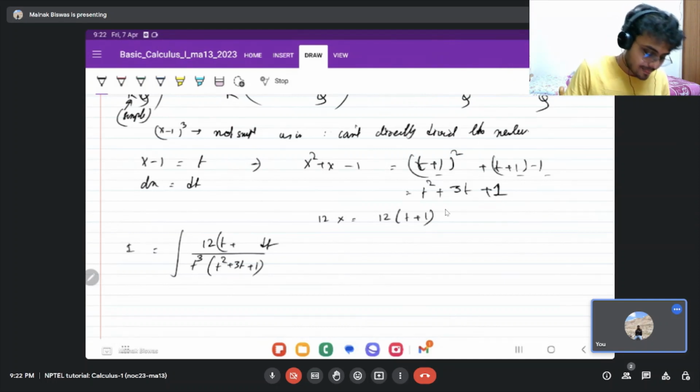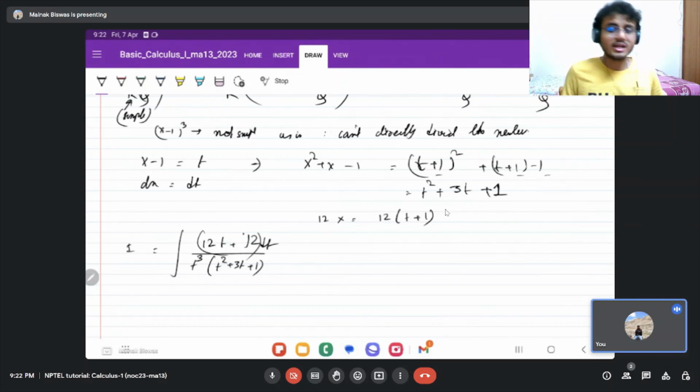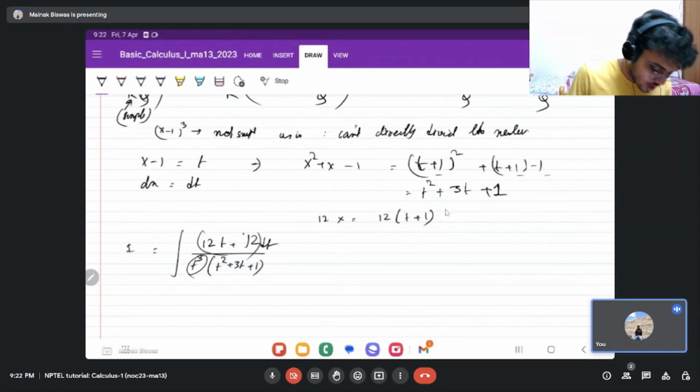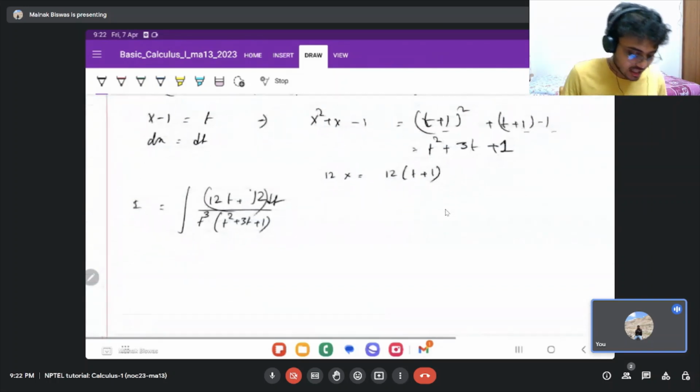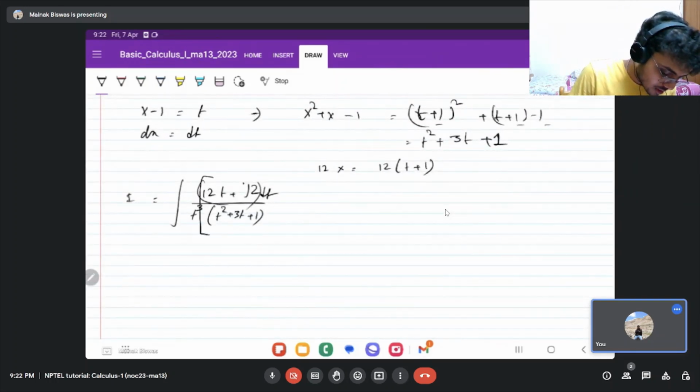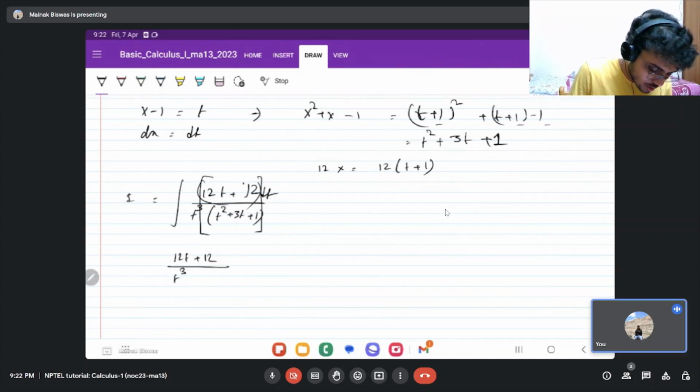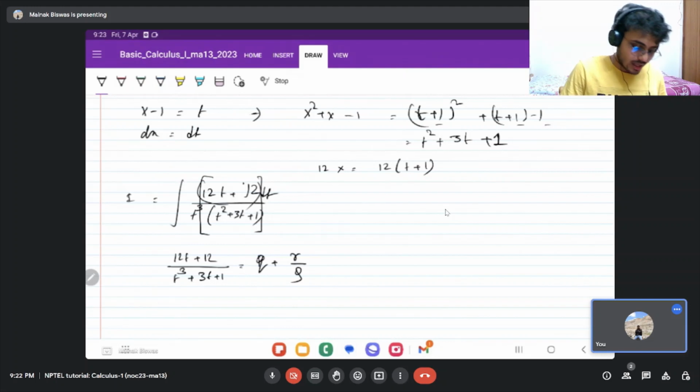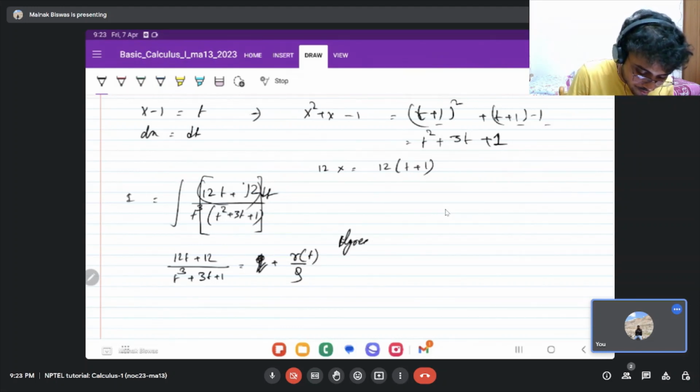Now you see, this becomes a simple problem. If we are able to get a numerator of any form, this t cube will do the job by dividing it. So the idea is, I want to divide 12t plus 12 by t square plus 3t plus 1 and write it as some quotient plus r by q, and I want the degree of r(t) to be more than 3.